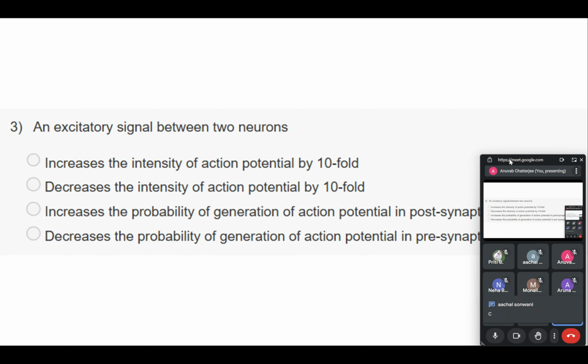Achal says it is C: increases the probability of generation of action potential in the postsynaptic neuron. Anyone else? Sibani says it is D: decreases the probability of generation of action potential in the presynaptic neuron.